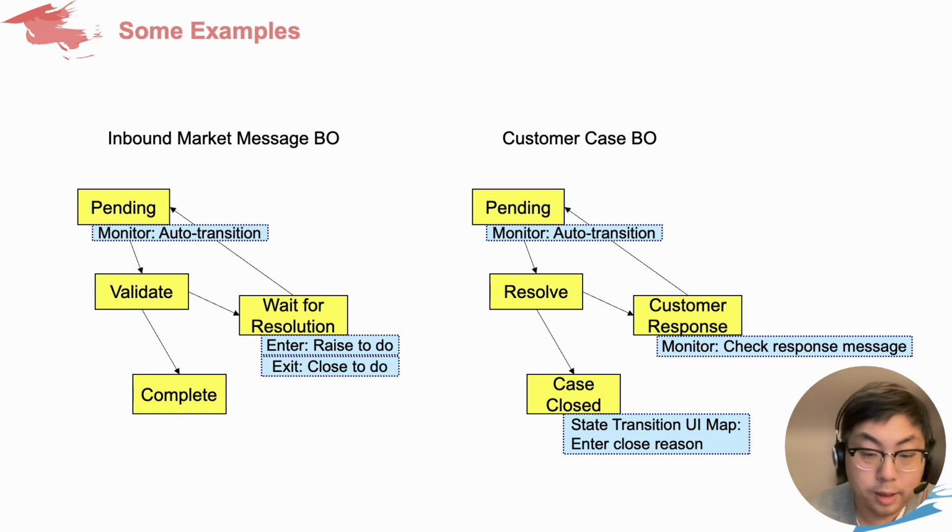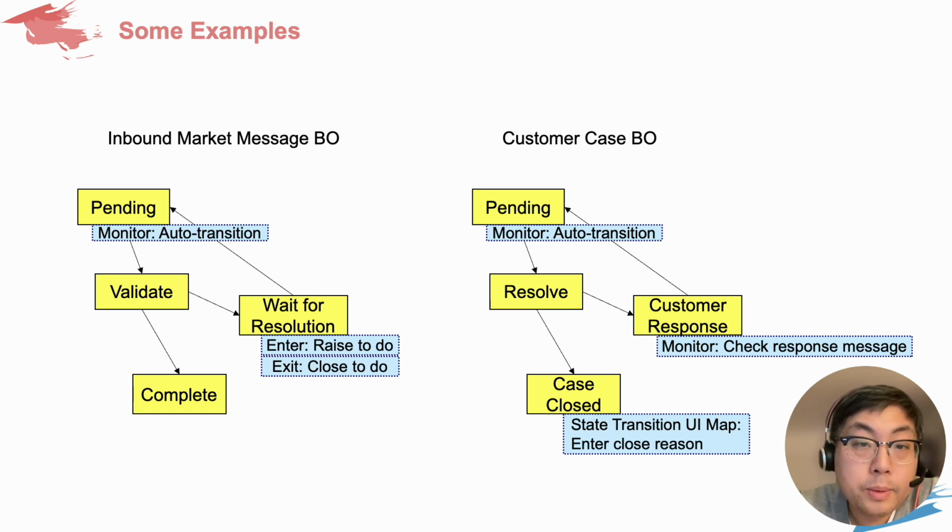So it ends up with a lot of creation of to-do and closing the to-do, where the business user may not get the chance to review the problem yet. So that's a common mistake I have seen.